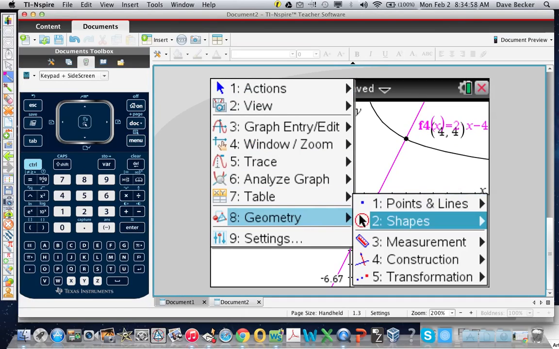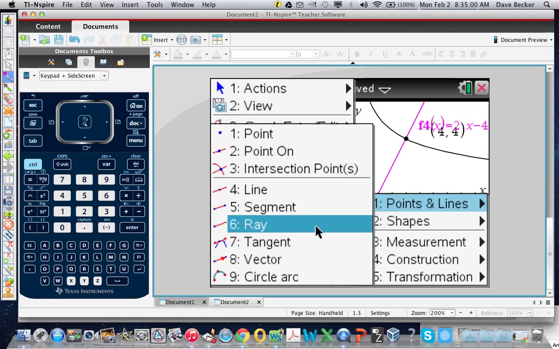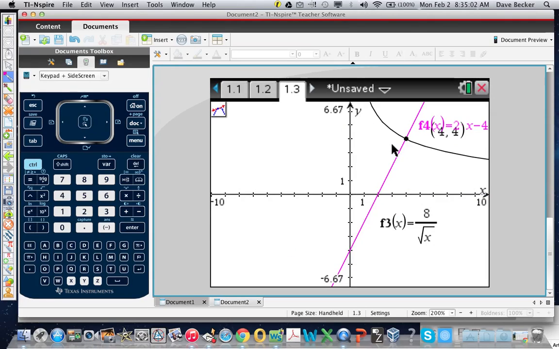Menu, geometry, points and lines, and I'm going to do a tangent line. So it's waiting for me to do the point. And there we go. If I pull this tangent line, it certainly appears to be perpendicular. We know it is from the calculus. So this pink is our solution. y equals 2x minus 4 is the line that we are looking for.